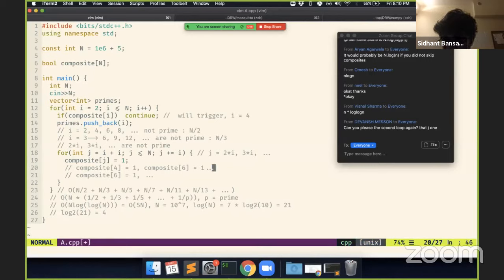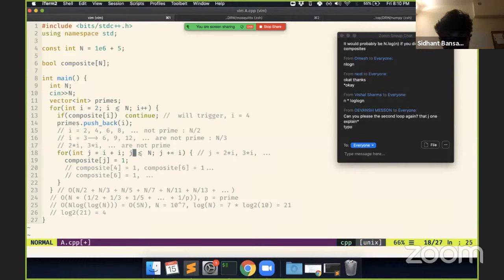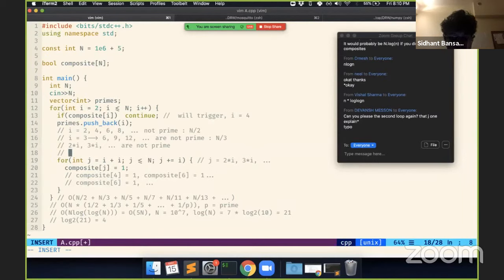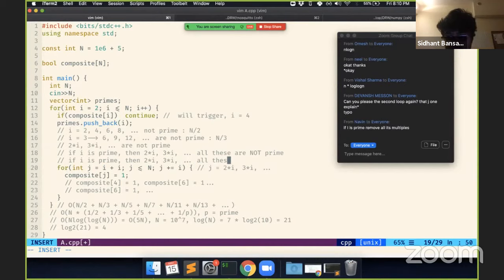Devansh asked something, but I don't get the question. Can you please explain the second loop again? Okay, I hope you're saying explain. On line 18, what's happening in the nested loop is that you're saying if i is prime, then 2 times i, 3 times i, dot, dot, dot, all these are composites, because they're not prime.